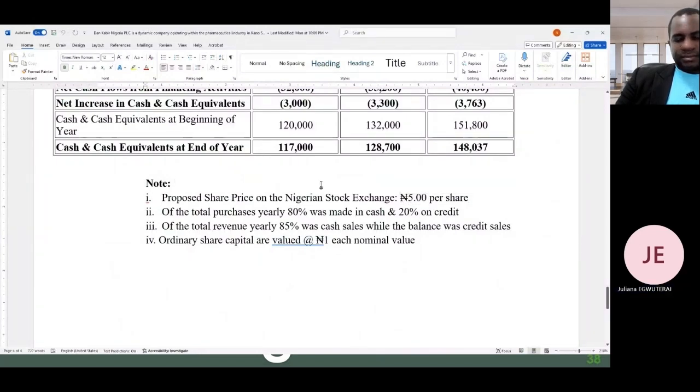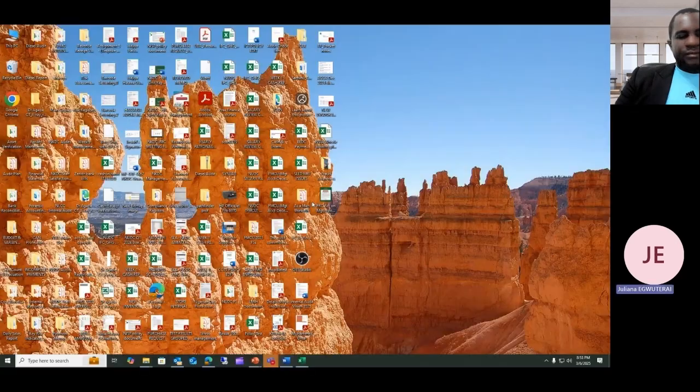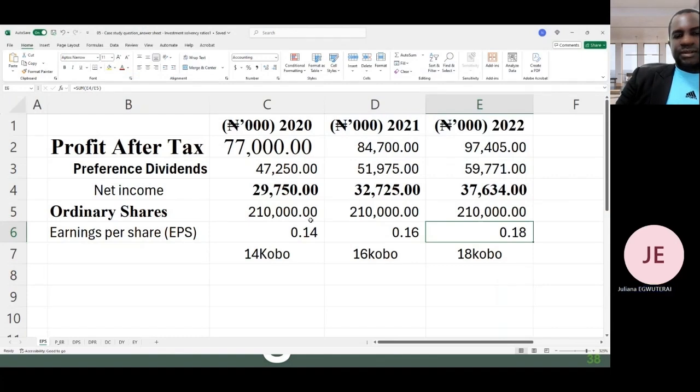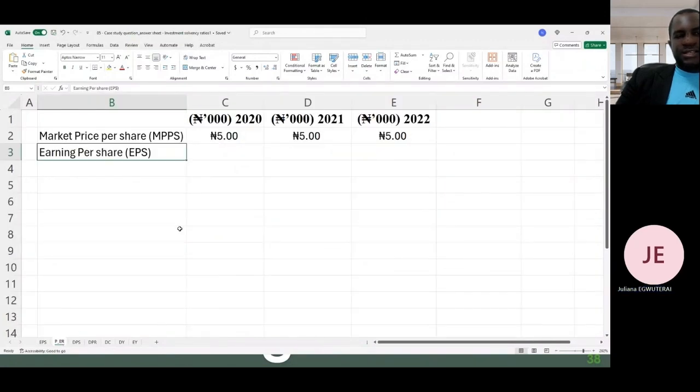So you see, as at 2020, 2021, 2023, earnings per share is just 14 kobo. So if you add the 1 naira nominal value, it's about 1 naira 14 kobo, but the market price is almost 5 times that, showing that the shares have appreciated in value over the years. Yes, exactly.